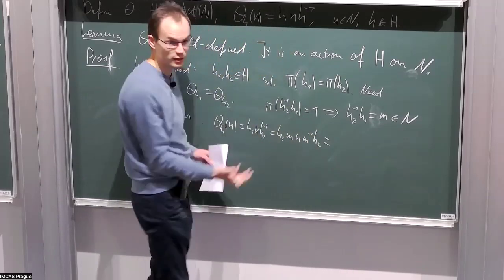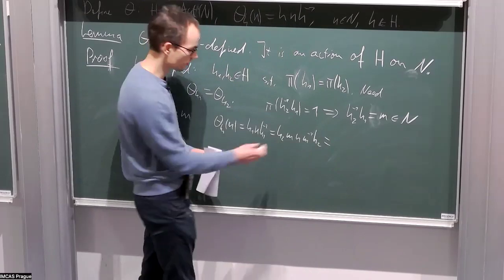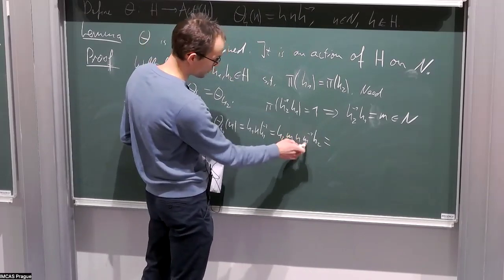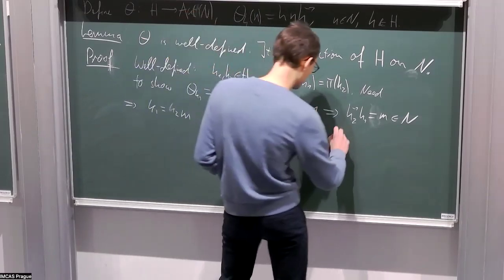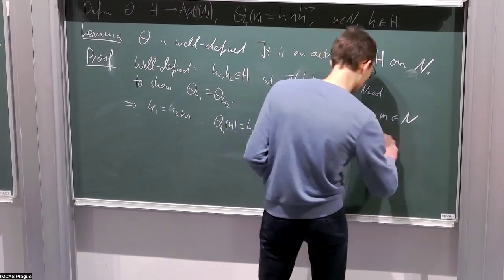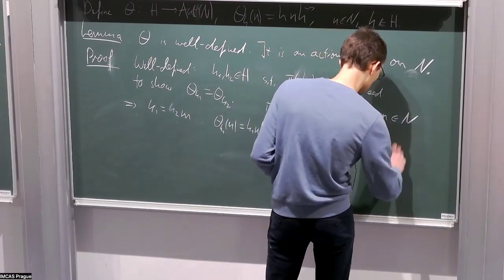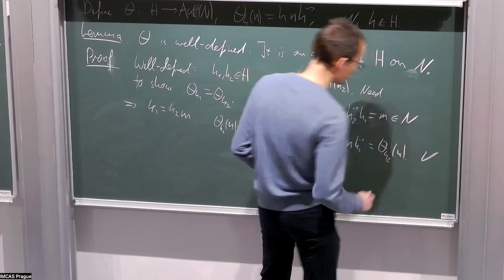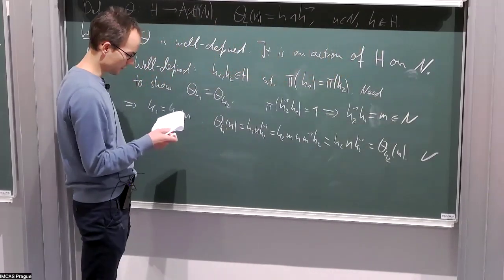And now N is abelian. So that's crucial in this step because these commute, and this is m inverse, this is m, so they cancel out. So this is h2 n h2 inverse, which is just theta h2 of n. So this works. This is indeed well defined.